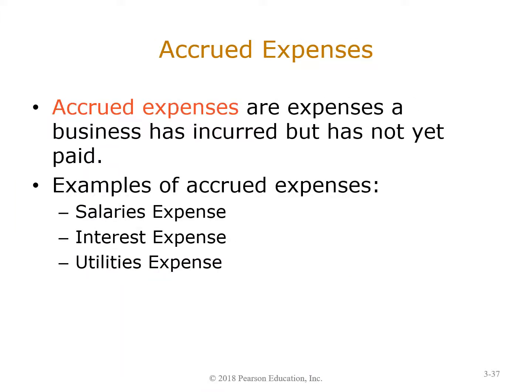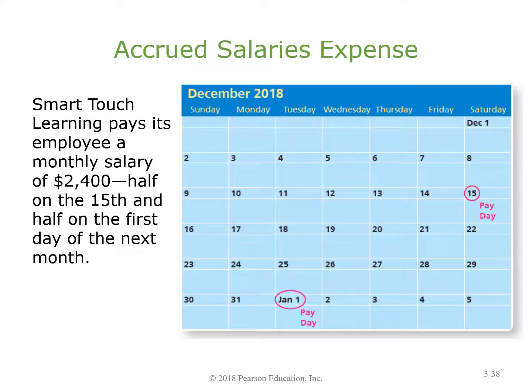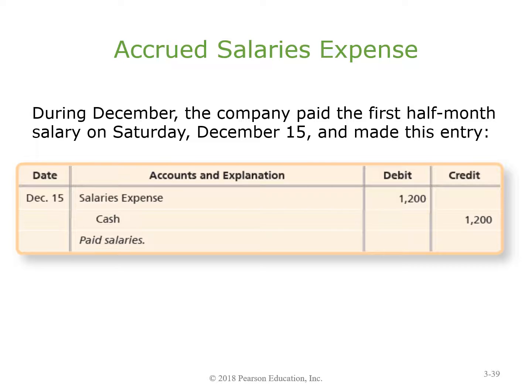Accrued expenses, remember this just means payables. So we pay our employees' salaries half on the 15th and half on the first day of the next month. These are our pay dates. So during December, the company paid the first half month's salary on Saturday, December 15th and made this entry. Okay, so we paid it on that date.